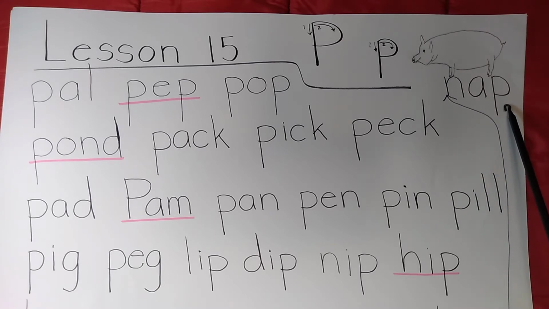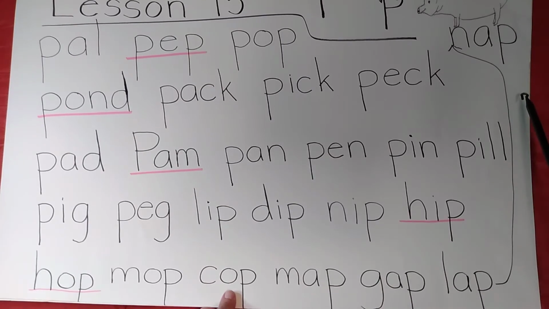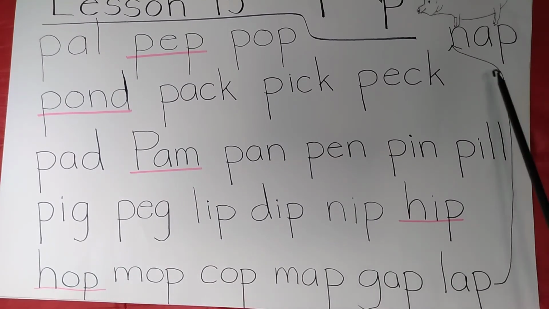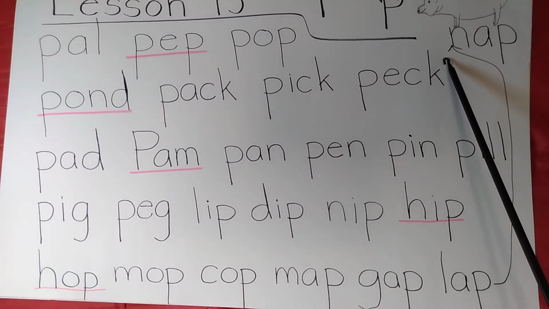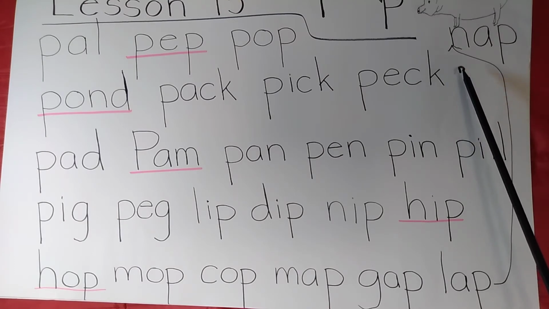Nap, nap. The reason I'm going to do that is I'm not sure I can get that word in there. I guess I can. So I've got all the words.